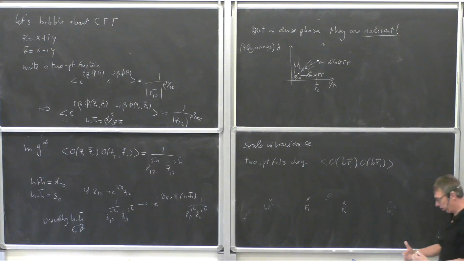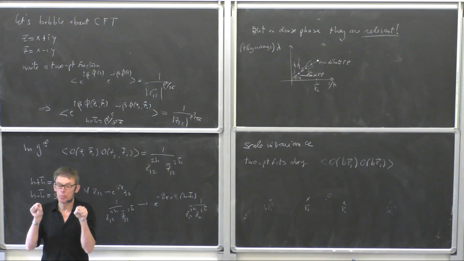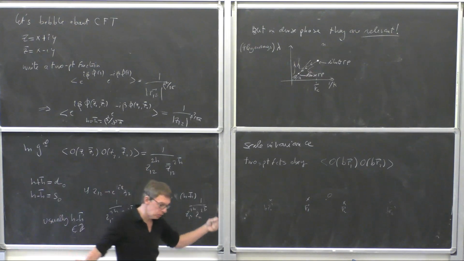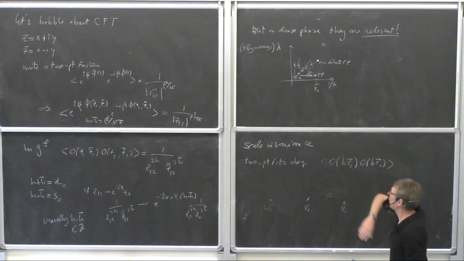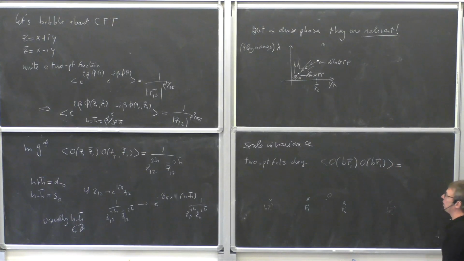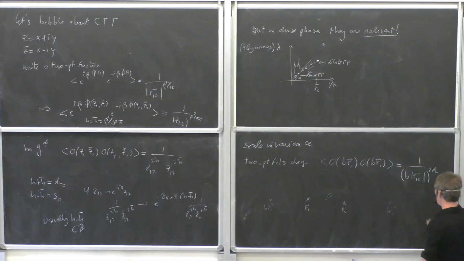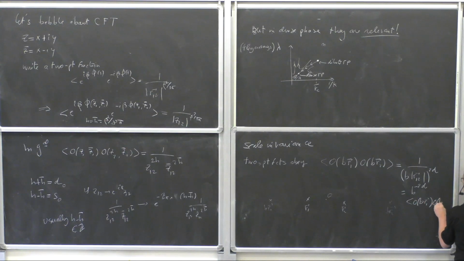I take my Ising model, I take my clusters, I look at the probability that this point and that point belong to the same cluster, and then I look at the probability that this point and that point belong to the same cluster, not the same point, in the same Ising model. If my formula up there is correct, this correlation function is equal to 1 over B R12 to the 2D, which means it's equal to B to the minus 2D O of BR1, O of BR2.